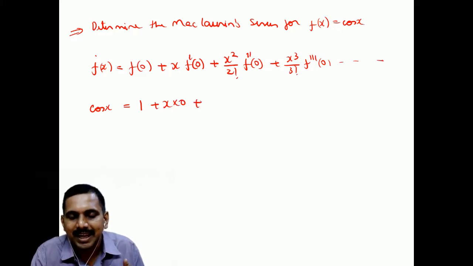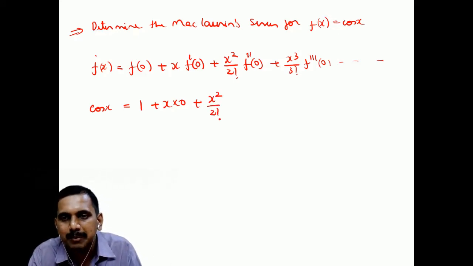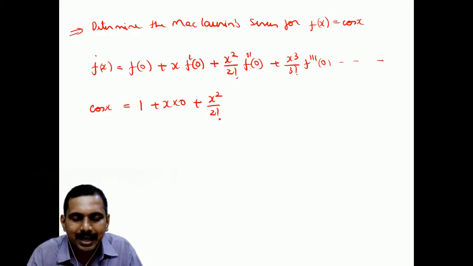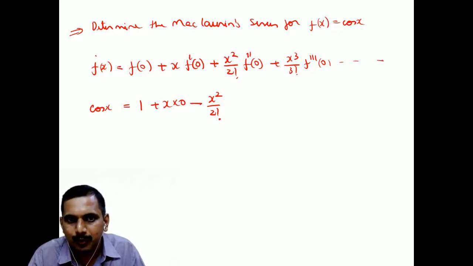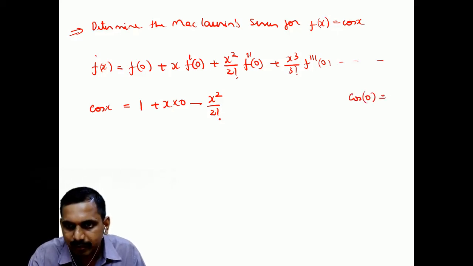Plus x square by 2 factorial. What do you get for f double dash of 0? It is minus cos x, so this will come as minus. So cos of 0 is equal to 1.